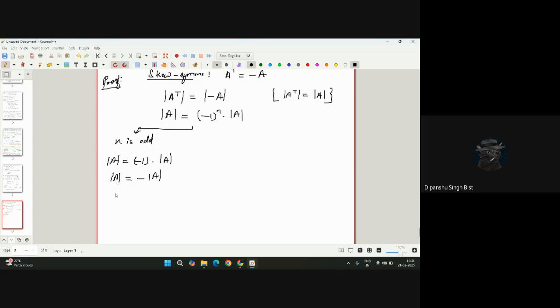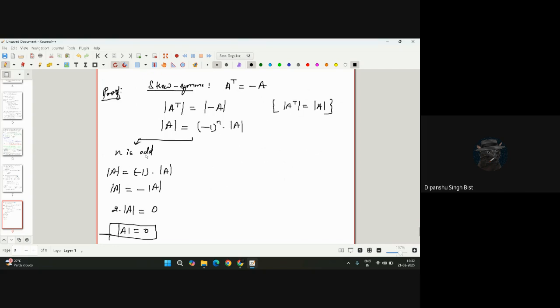You take this to left hand side, that gives you 2 times determinant of A equal to 0, and that gives you determinant of A equal to 0. So we saw that if it is a skew symmetric matrix of odd order, then the determinant of A is equal to 0. But if n is even, it's inconclusive, you can't make any conclusion out of it.